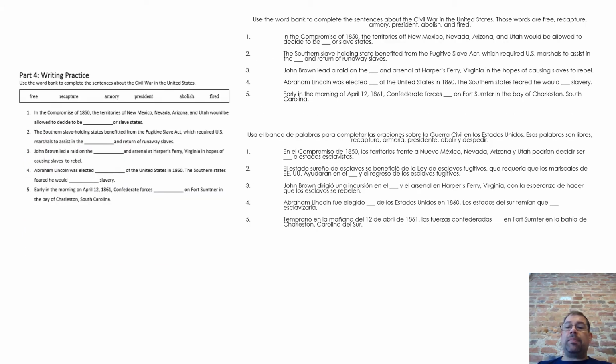Use the word bank to complete the sentences about the Civil War and the United States. Those words are free, capture, armory, president, abolish, and fired. 1. In the Compromise of 1850, the territories of New Mexico, Nevada, Arizona, and Utah would be allowed to decide to be blank or slave states. 2. The southern slaveholding states benefited from the Fugitive Slave Act, which required U.S. Marshals to assist in the blank and return of runaway slaves. 3.